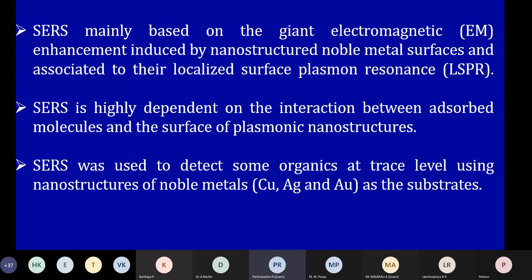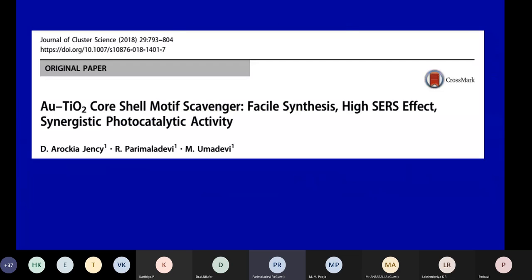In this context we had an idea to synthesize gold nanoparticles and form a nanocomposite with the semiconductor titanium oxide. Then we studied detection of the organic pollutant using that gold titanium oxide nanocomposite, and we also tried to degrade the organic pollutant using the same.